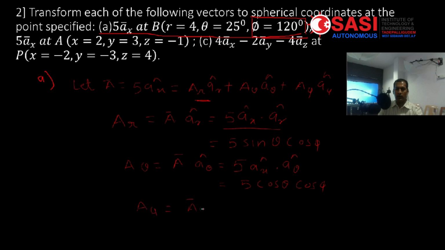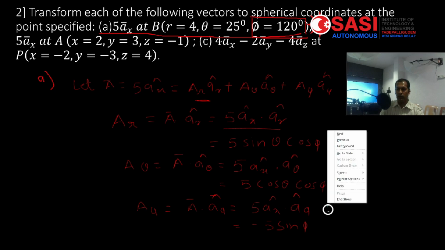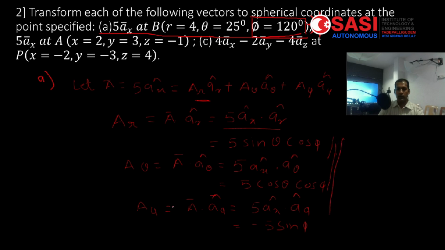We have A bar dot A phi cap, which is phi AX cap dot A phi cap. For this the formula is minus phi sin phi. If we keep all these values and solve, we'll get A bar at point P. So we can keep the values of theta and phi for A. So we'll get, I will erase it.